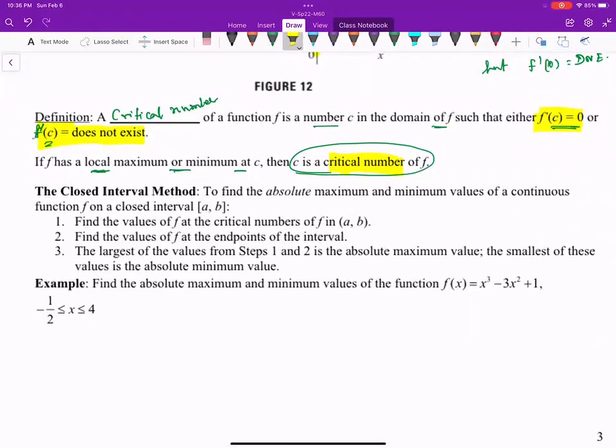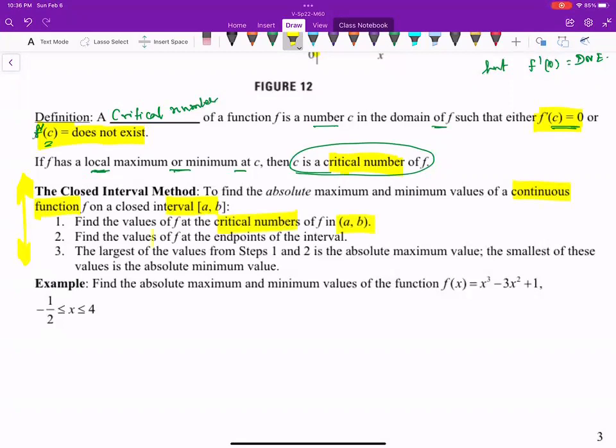So the following method gives us the method of finding the absolute maximum and absolute minimum. The closed interval method to find the absolute maximum and minimum values of a continuous function f on a closed interval [a, b]. Step 1, find the values of f at the critical numbers of f in the open interval (a, b).